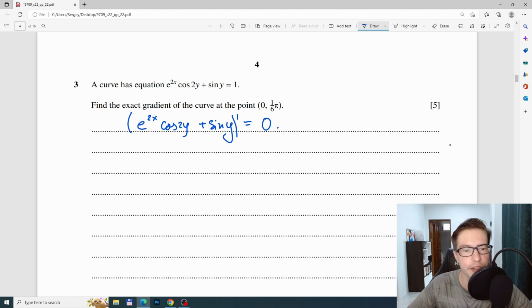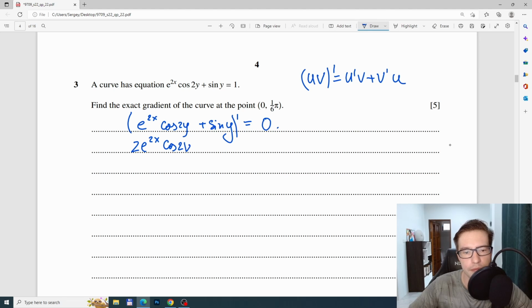So I'm starting with e to the power of 2x times cosine 2y. For that, I'm going to use the product rule, which is the derivative of uv equals u derivative v plus v derivative u. So the derivative of e to the power of 2x is going to be 2e to the power of 2x. Don't forget the chain rule. Times cosine 2y. The derivative of cosine is going to be minus sine 2y.